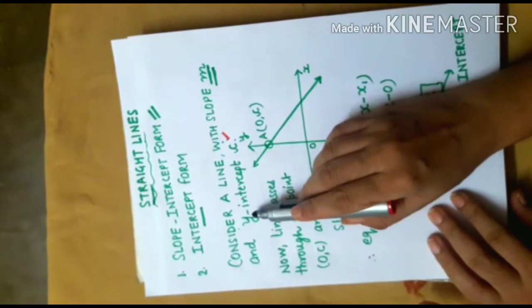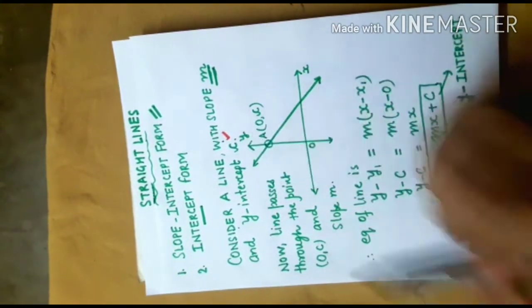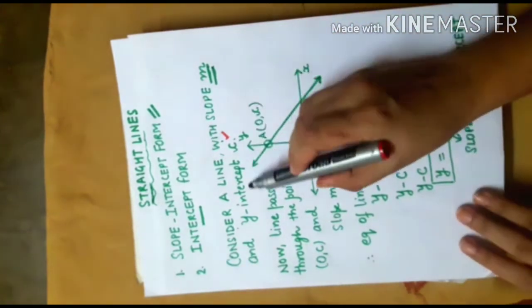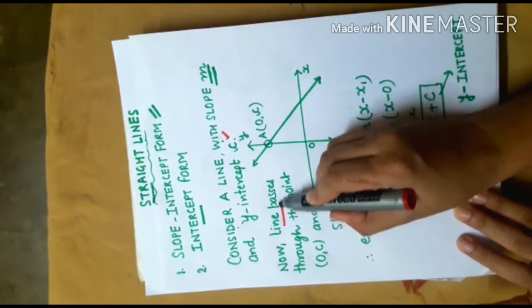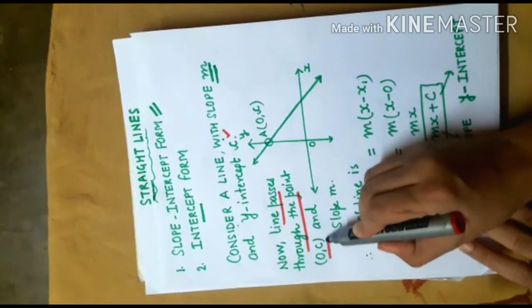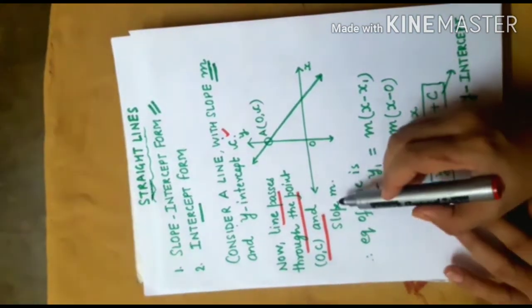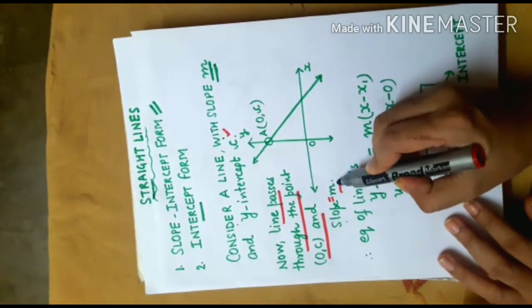Now, as the y-intercept of the line is c, y-intercept gives you the point of intersection of the line with the y-axis. So as y-intercept is c, this means that the line will pass through the point 0, c. And also we are given slope is equal to m.